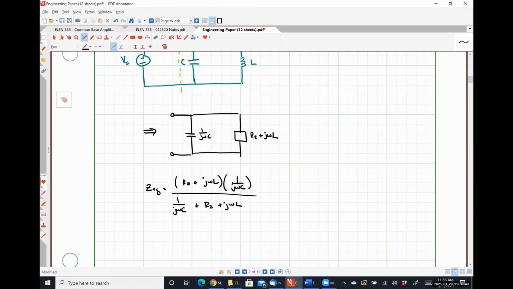It will either be negative j over omega C or positive 1 over j omega C.